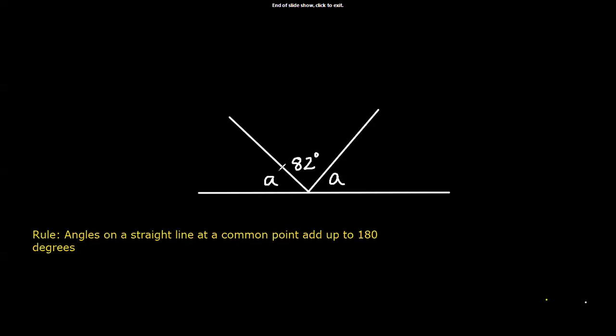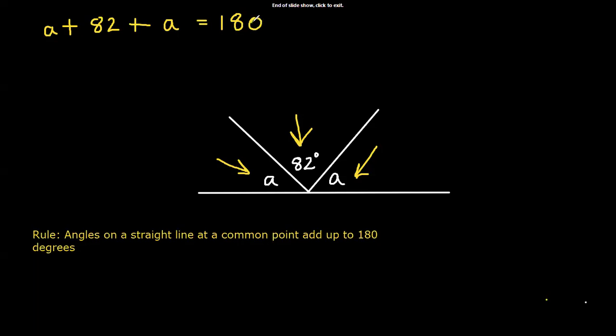All right, so if we say the angles should equal 180, what does that mean? That means if we add A plus 82 plus A, it should give us 180.